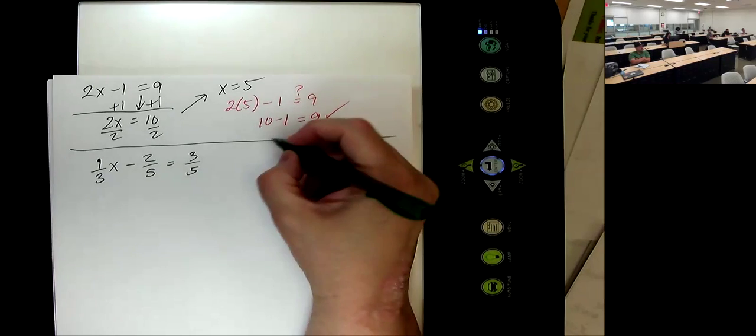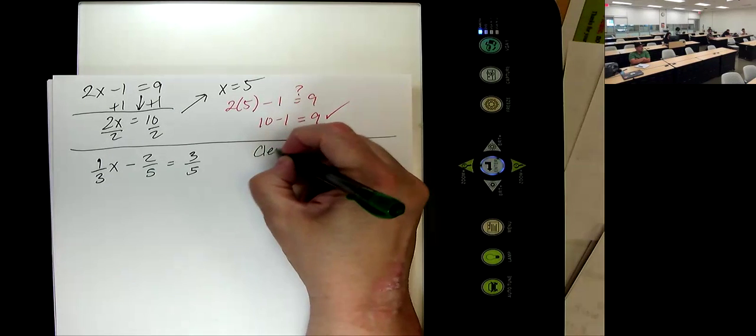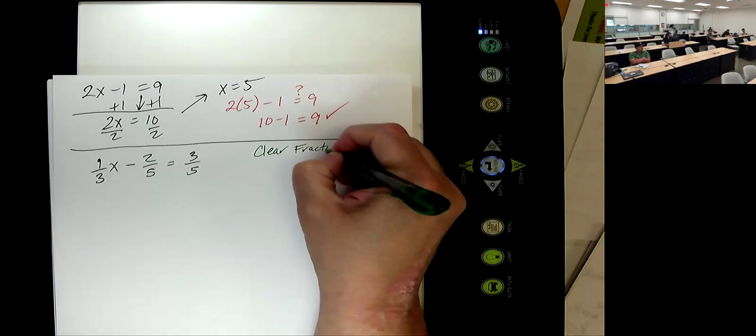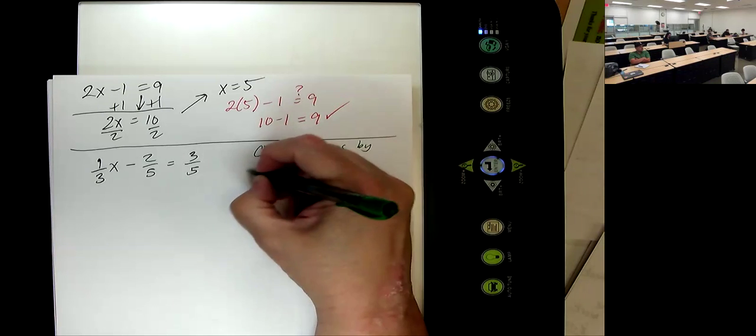A way to go about this is to clear fractions by multiplying by a common denominator.